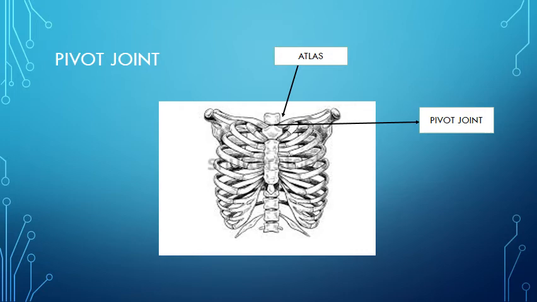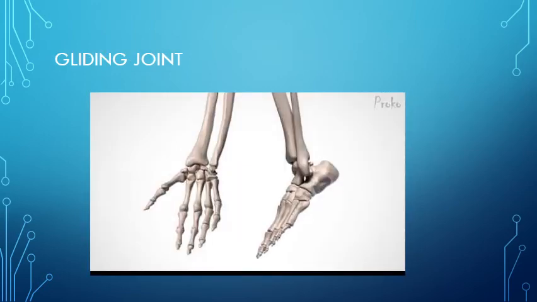We can move our head forward, up, and to both sides, and we can move our head downwards to the front side, but not to the back side. So the joint where the skull bone is connected to the atlas is known as the pivot joint.